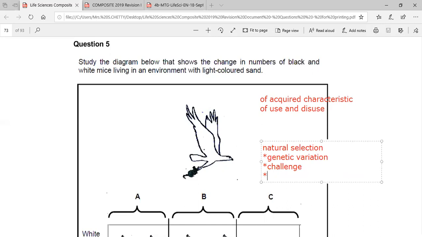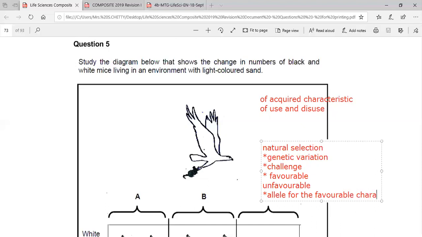And then you also have to state which is the favorable characteristic and why it is favorable, and that those organisms survive, and which is the unfavorable characteristic and why it was unfavorable, causing those organisms to die. And then you would also state that the allele for the favorable characteristic is passed on to the next generation.